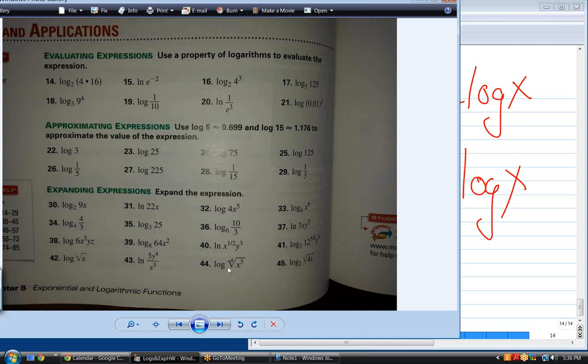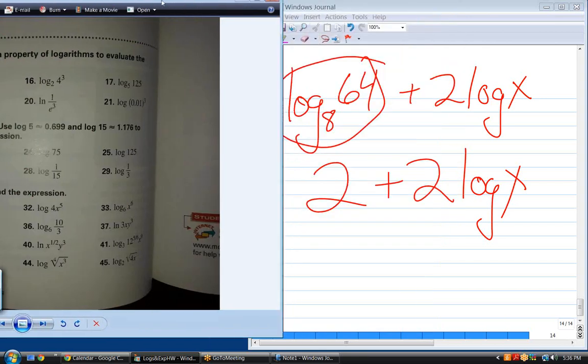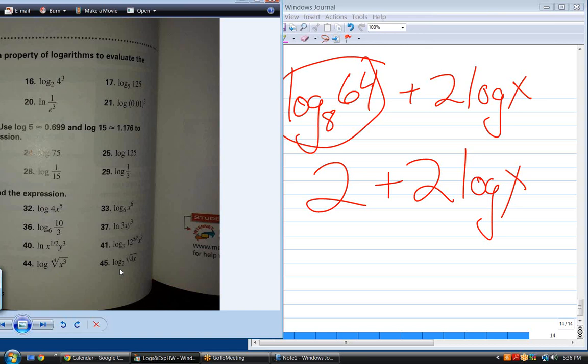Good. Very good. About 44. 1/4 log, or no, it would be 3/4 log x. Very good. And 45.